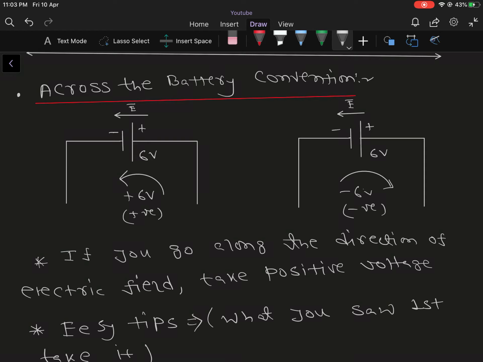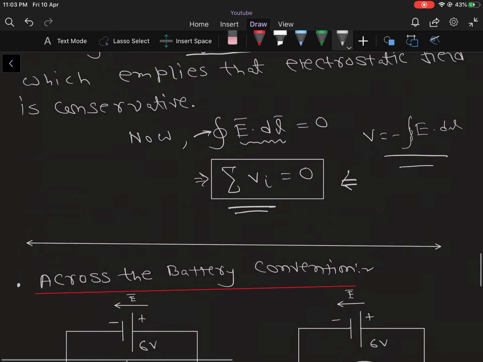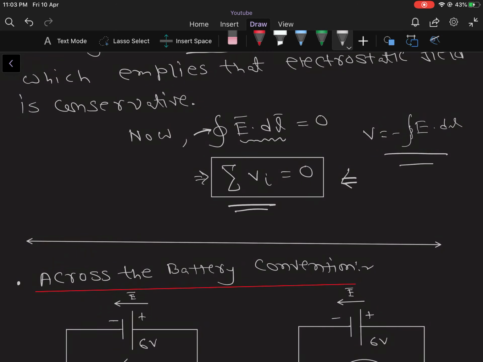Now we come to the convention, how to take the direction of voltage. First is the across-the-battery convention. Let us first look at E dot dl. The direction of dl represents the direction in which we are going.